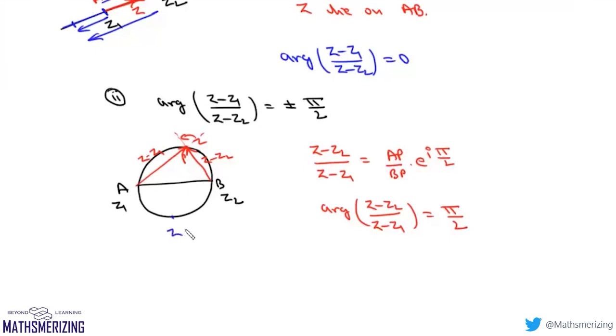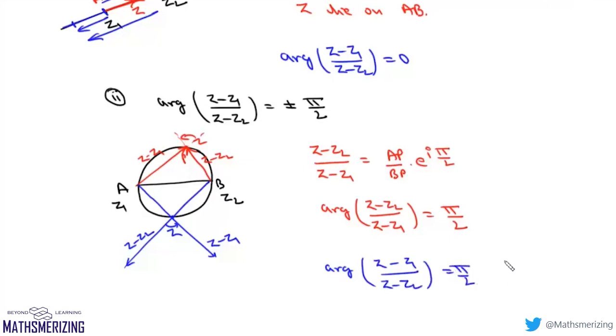Now if we take this point Z here, then this is Z minus Z1 and now this is Z minus Z2. Now we have rotated Z minus Z2 to form Z minus Z1. In this case, argument of (Z minus Z1) upon (Z minus Z2) will be pi by 2, or we can write argument of (Z minus Z2) upon (Z minus Z1) will be minus pi by 2.